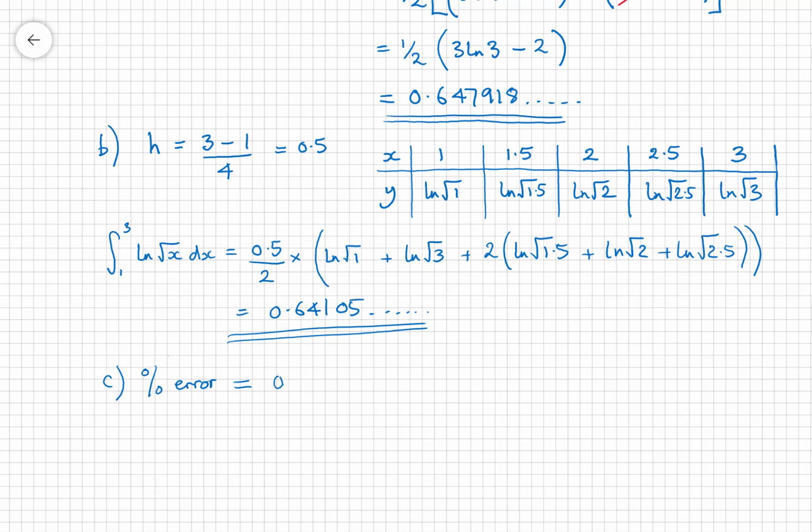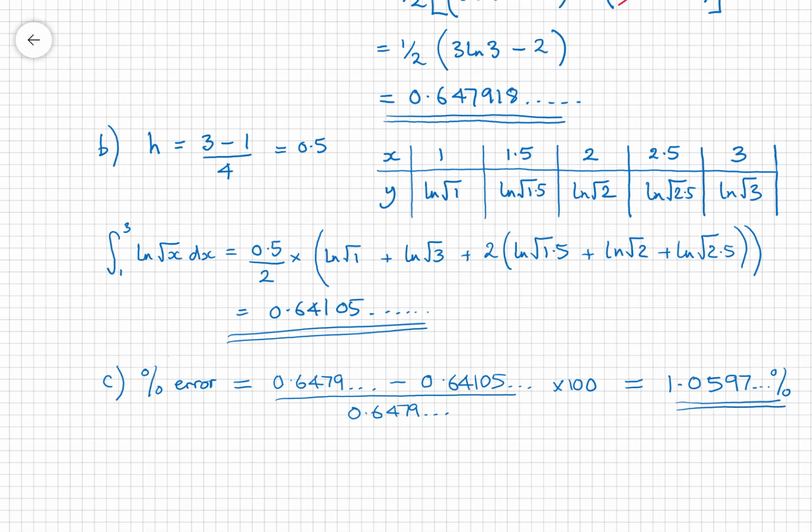Well, the true value is bigger than the value we found by the trapezium rule, and so we do the true value, take away 0.64105, and so on, dividing by the true value, 0.6479, and multiply by 100 to turn it into a percentage, and we get 1.0597%, a little over a 1% error in our calculation.